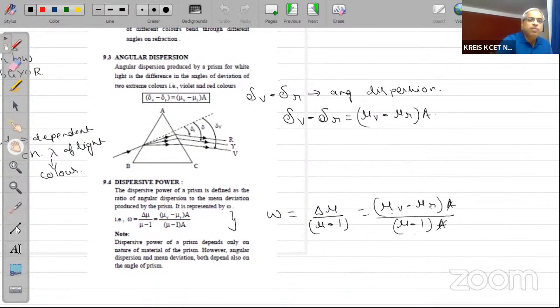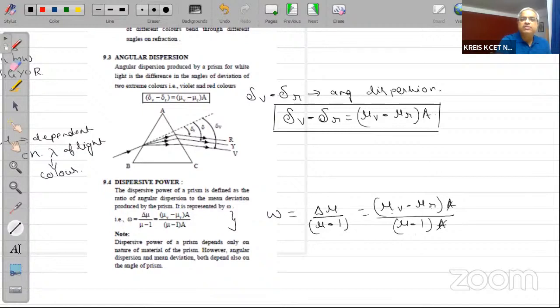Now this is one important aspect of the dispersion that happens in a prism. What basically is responsible for dispersion is the material that the prism is made up of. The shape is important, no doubt, but even the material of the prism will play an important role.